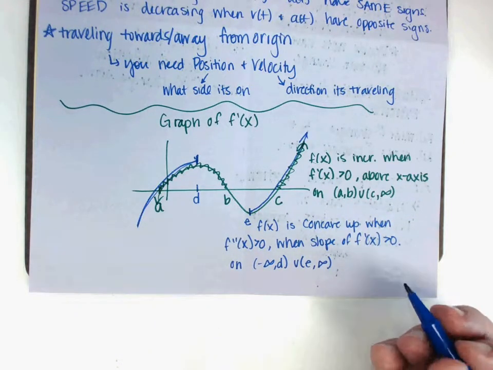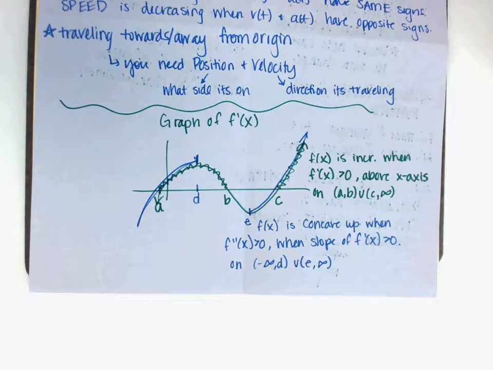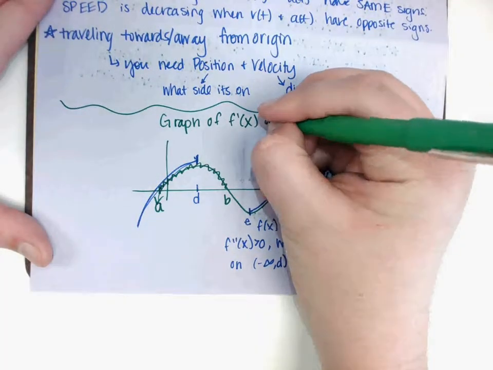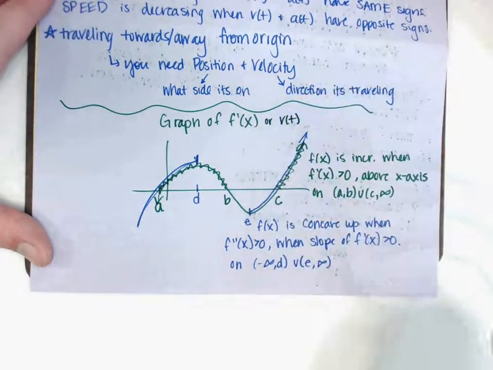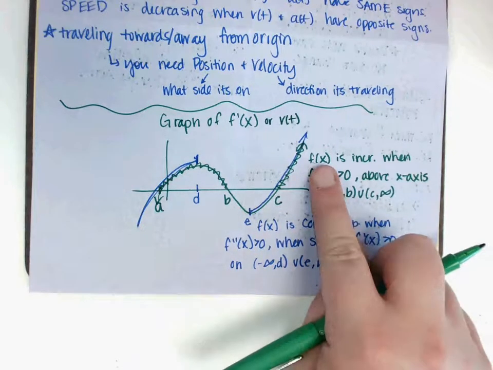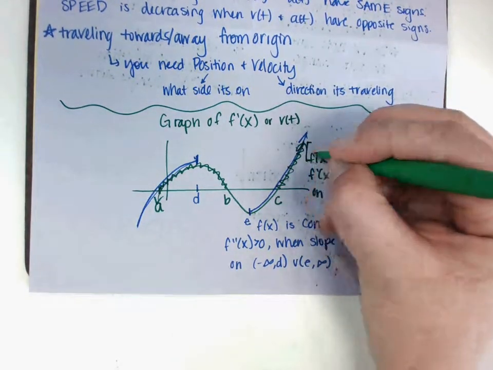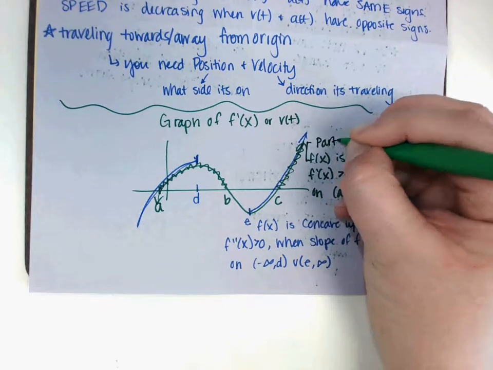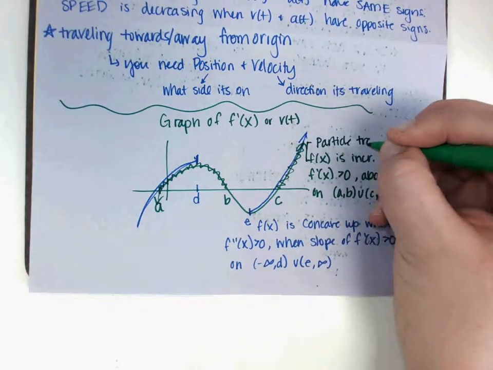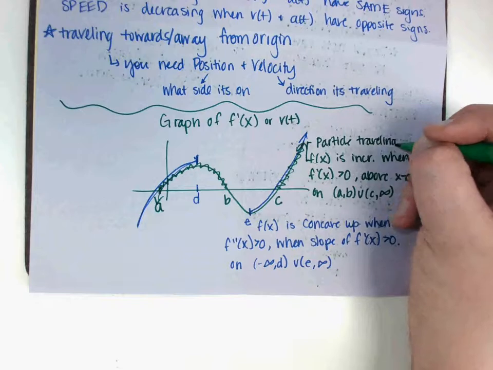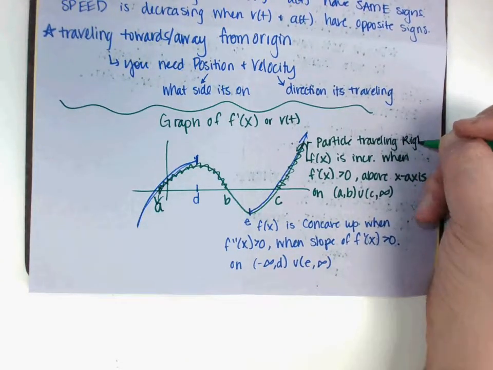Okay? So now let's put this in the context of position, velocity, and acceleration. If this was a velocity graph, okay, then f increasing would be when my particle is traveling to the right.